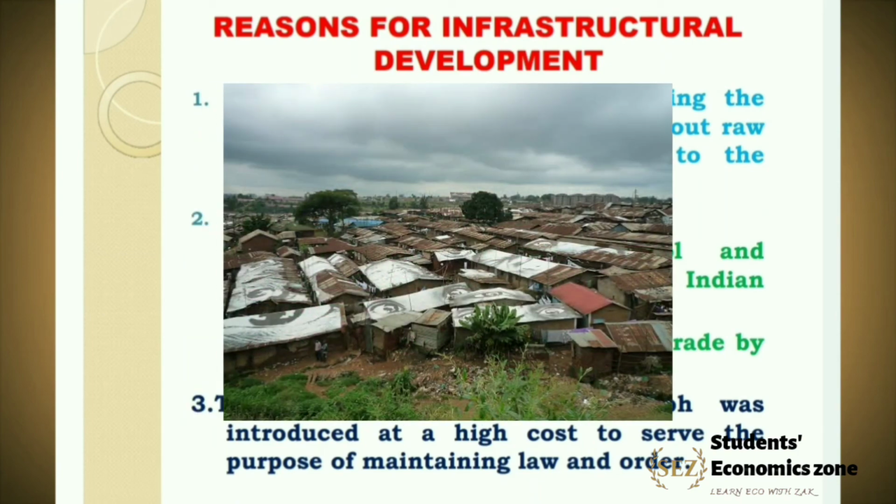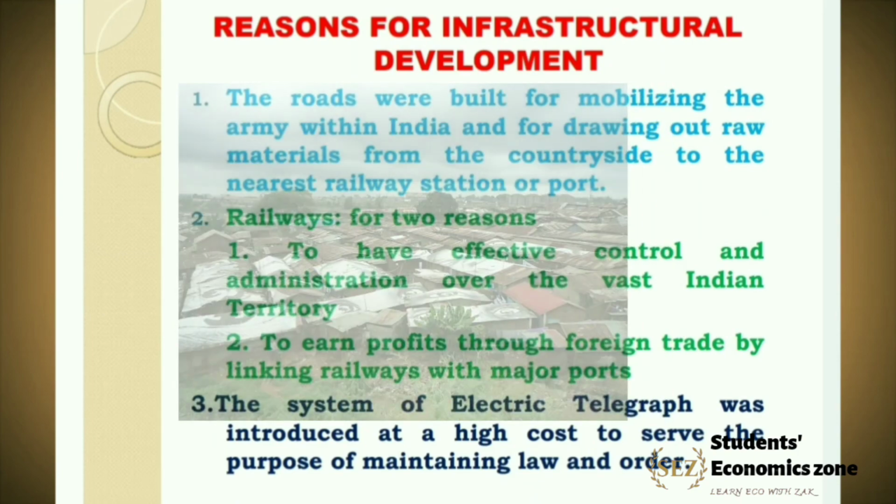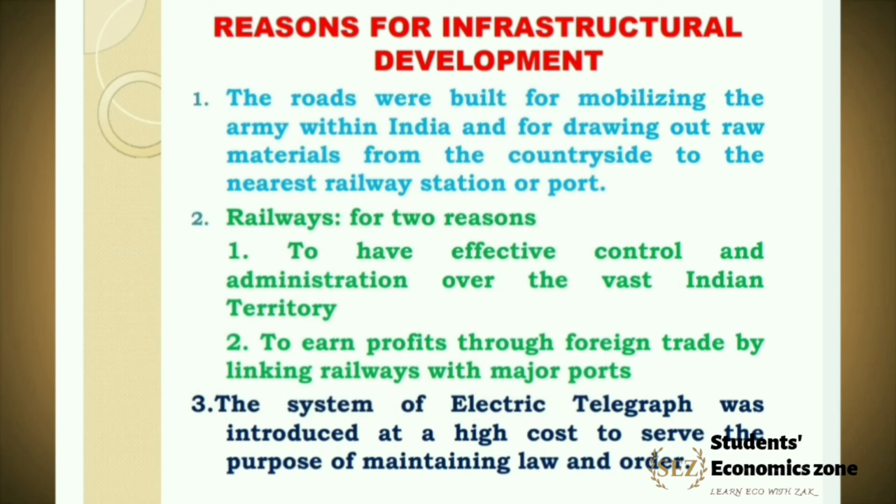First one, there was a constant per capita income over a long period. That means our per capita income was not growing, it was constant. Next one, increasing dependence of population on agriculture. Majority of the people belonged to agriculture. Then third one, that is the zamindari system.